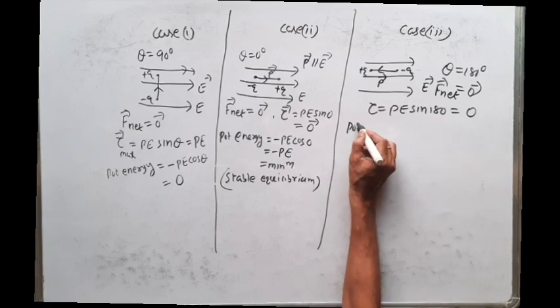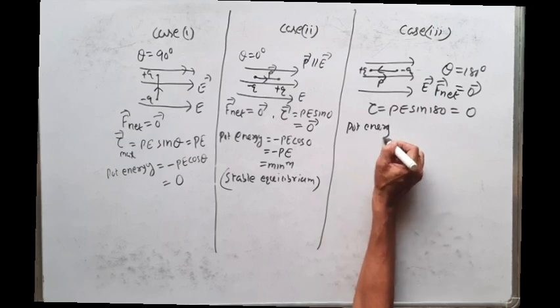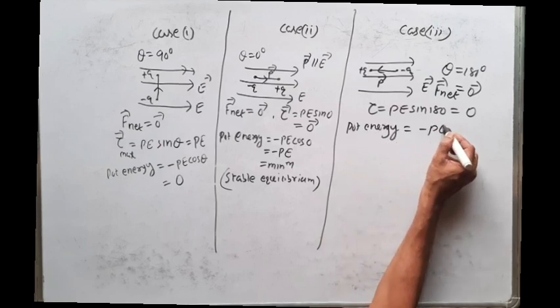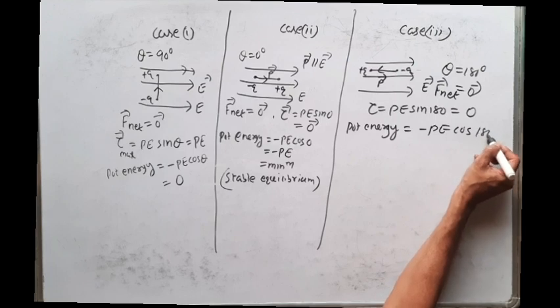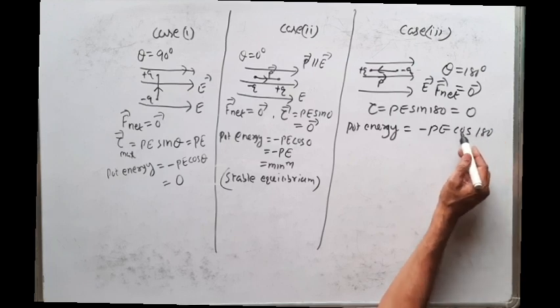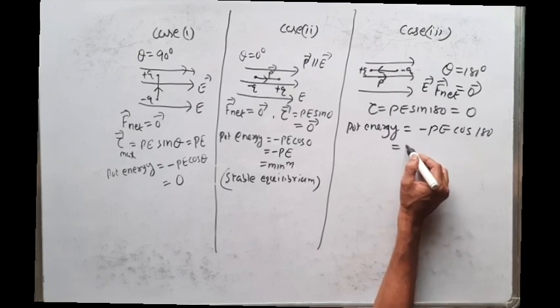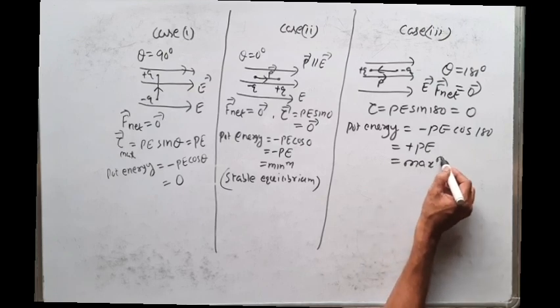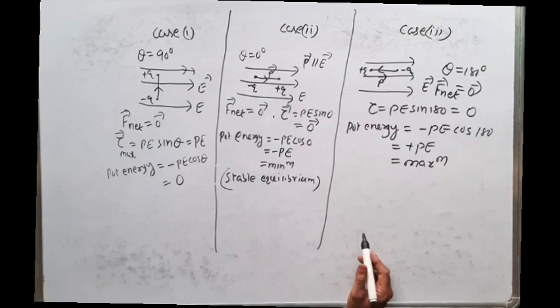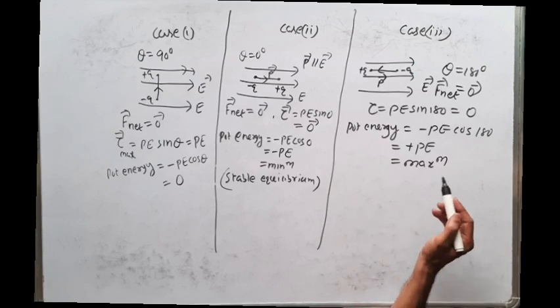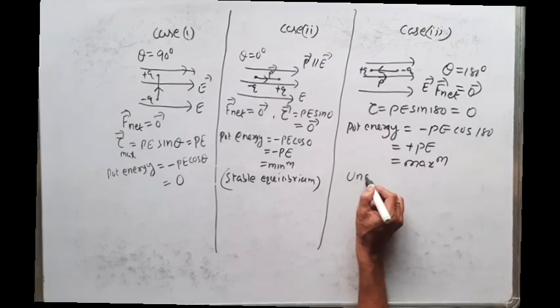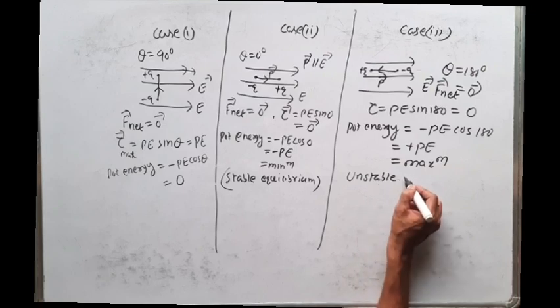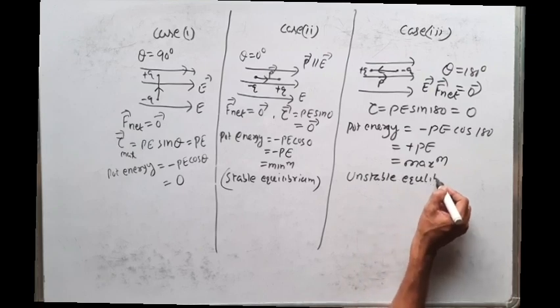Then what is the potential energy? Potential energy is nothing but minus PE cos theta. Theta is 180, cos 180 is minus 1. Minus into minus is plus. So it is plus PE. So this potential energy is maximum. And we know if the potential energy is maximum, then it is which equilibrium? Unstable equilibrium.